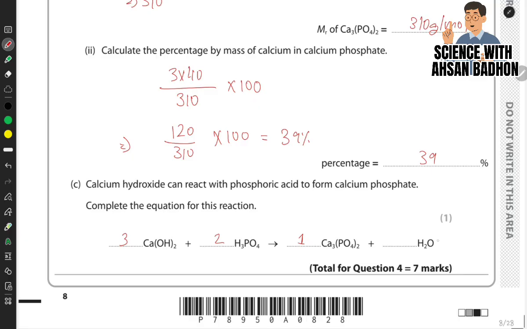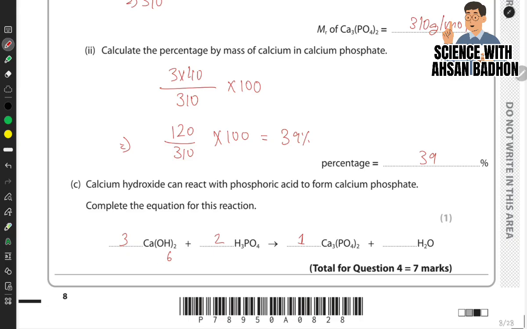And now the last thing is water. Let's count how many hydrogen or oxygen atoms there are. So we have 3 times oxygen 2, that will be 6 oxygen, and 3 times hydrogen 2, that will be 6 hydrogen. We don't need to think about the phosphate ion right now.